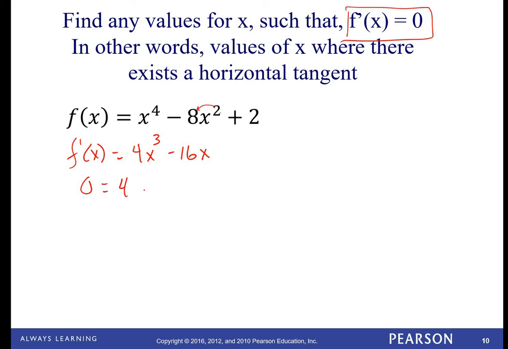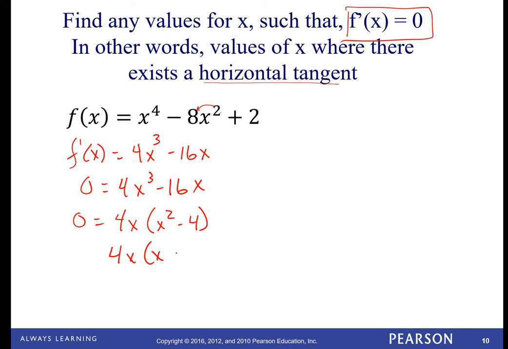Setting this equal to 0 to find where the derivative is 0, in other words, where there is a horizontal tangent. To solve a polynomial set equal to 0, I'm going to factor out a power. This leaves x squared minus 4.